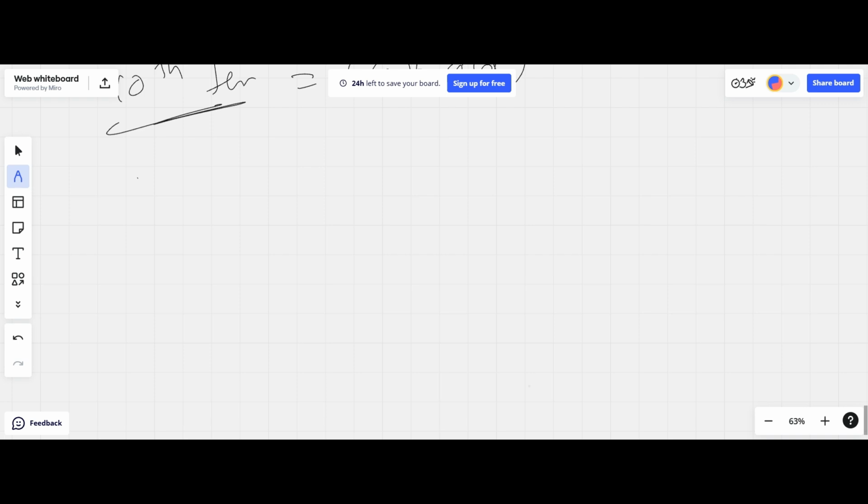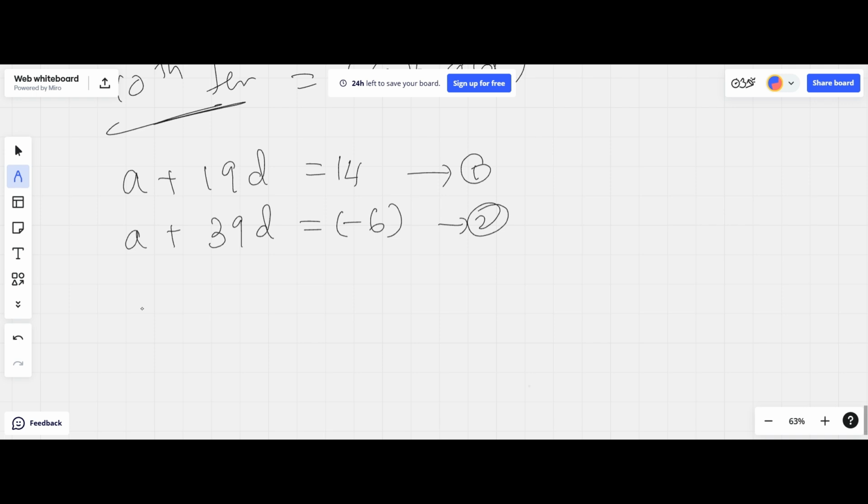The first equation is A plus 19D is equal to 14. The second is A plus 39D is equal to minus 6. Let's subtract equation number 1 from 2.